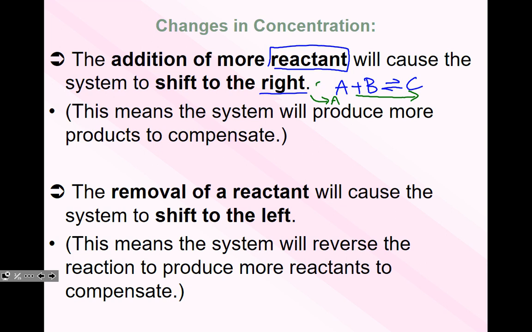If I'm adding extra A in there, all of a sudden, it's kind of like a teeter-totter, right? If I'm adding more A, you'll see that there's an imbalance, right? In order to balance this, I have to add more of the products.